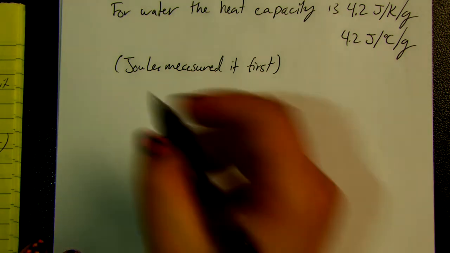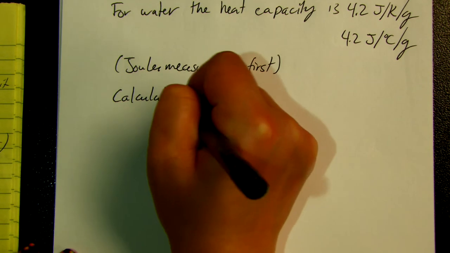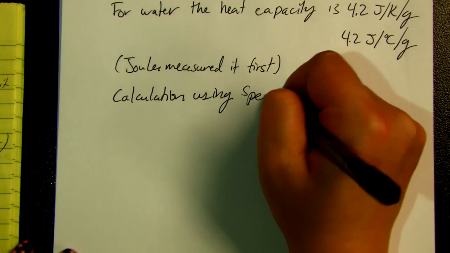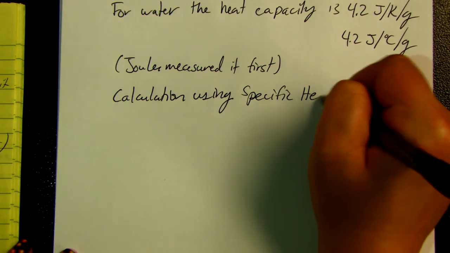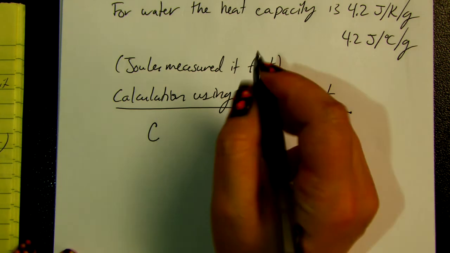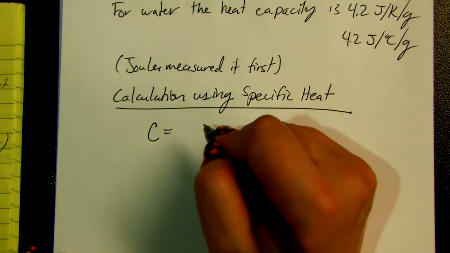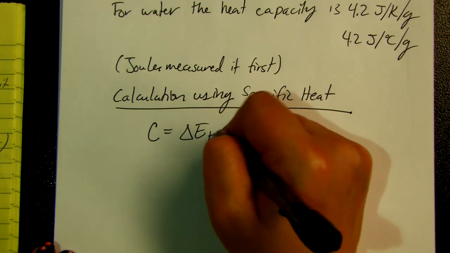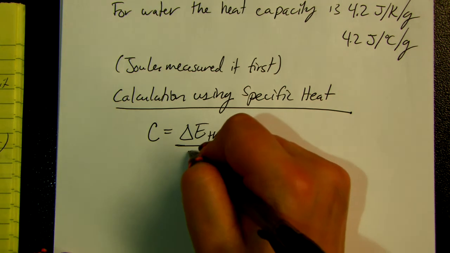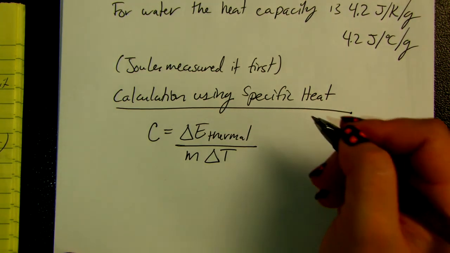I love these stories. All right, so calculations using specific heat come right from the energy principle. Specific heat, which is how much an object wants to change its temperature, is equal to the change in thermal energy divided by m, the mass, times delta T, the change in temperature.